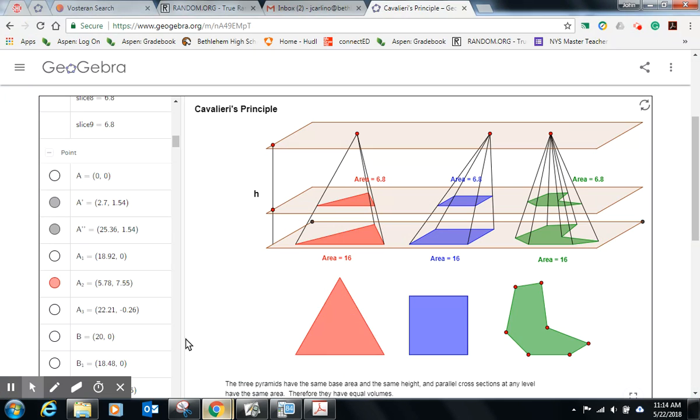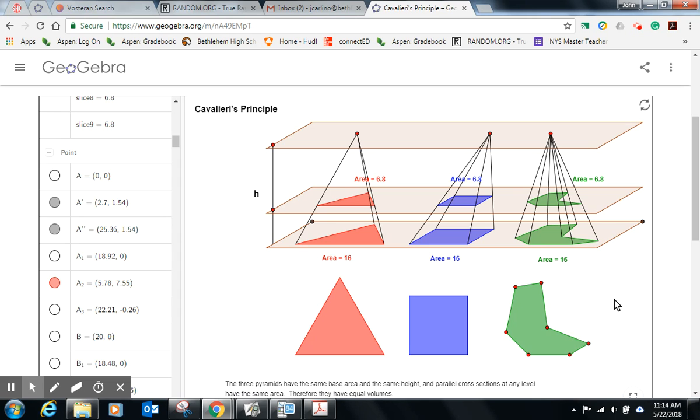So I got out my good old buddy GeoGebra to show you guys that they don't change. These look pretty much totally different, right? But the heights are all the same. If I took a cross section of each, they're totally different figures, but all their areas are the same: 16, 16, 16, and their volumes are all the same as well.